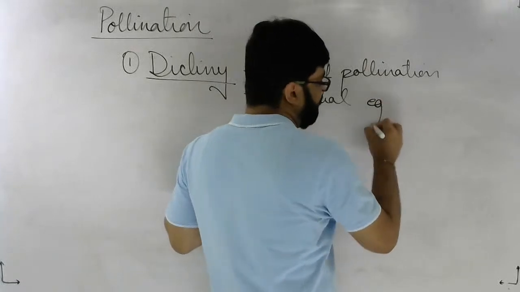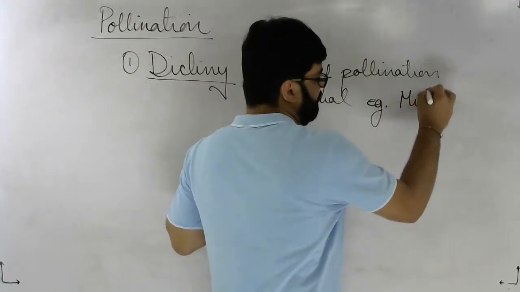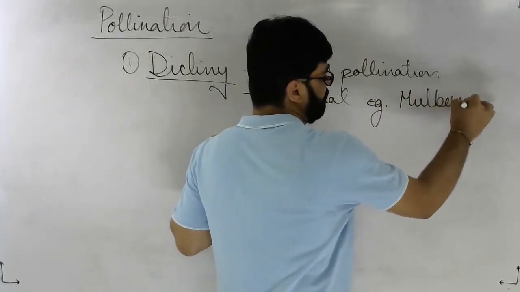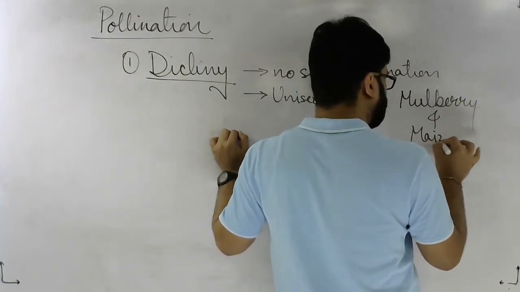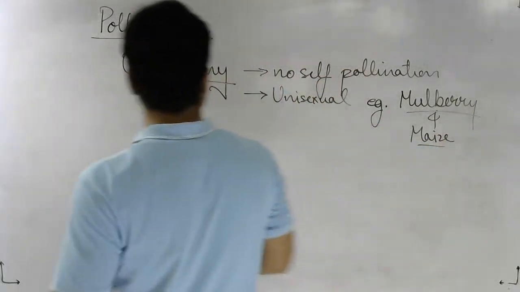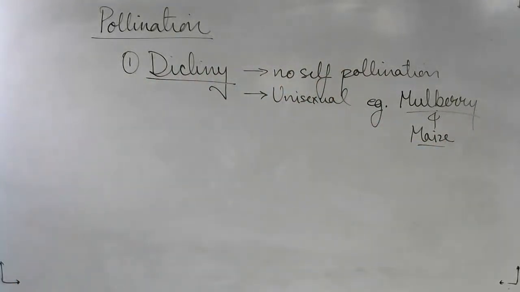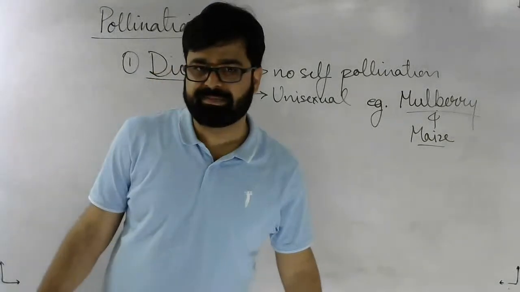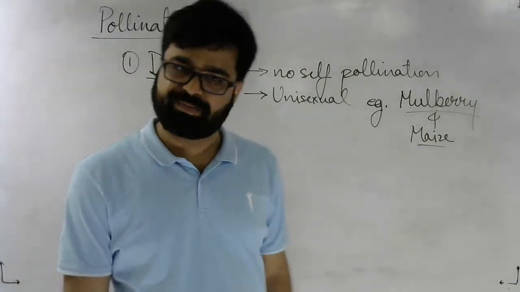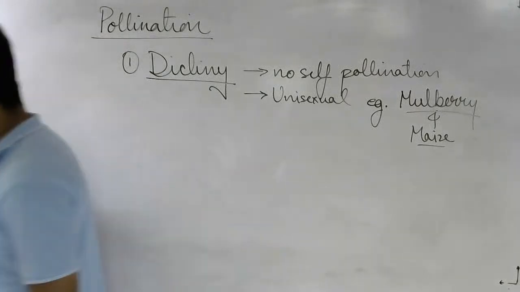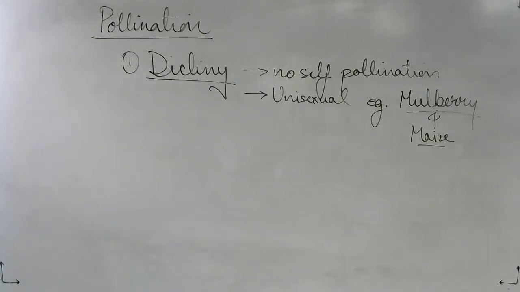I'm writing here mulberry and maize are the examples of diclinism, because they produce unisexual flowers. All right, either they will have, yes Jayant, we can say Vallisneria also. That is the case of an aquatic plant. Okay.